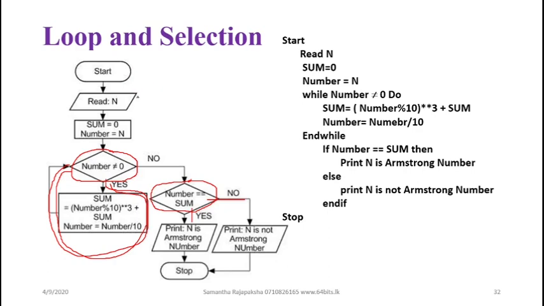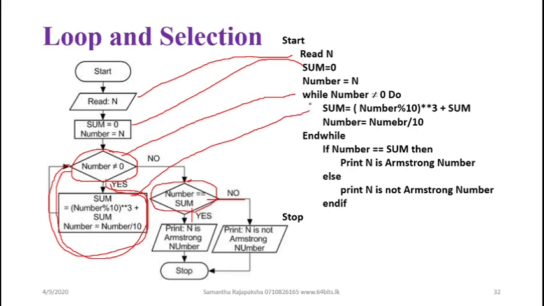Therefore you can easily map it: read the value, set these values. This is a loop: while this is true, we have to run these lines and the loop is over here. Then this is the selection. If it is true, this one, if it is false, this one, that is over and then finished. Then easily you can convert it into the pseudo code.